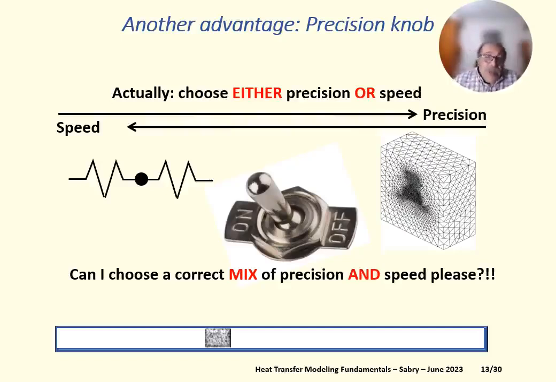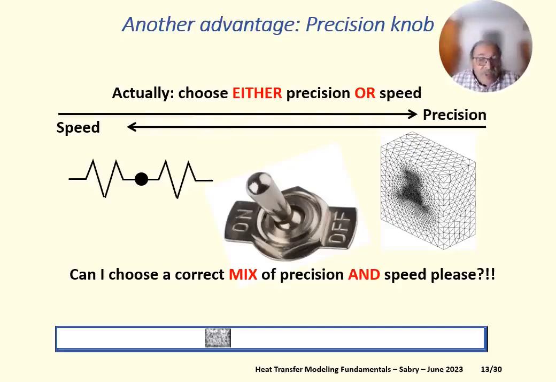Or we have the other option, with nothing in between, in which we use the heat transfer coefficient or anything and transform our domain into a small set of resistances, which is very fast. You can do it by hand in a couple of minutes, but it is simply not precise at all.